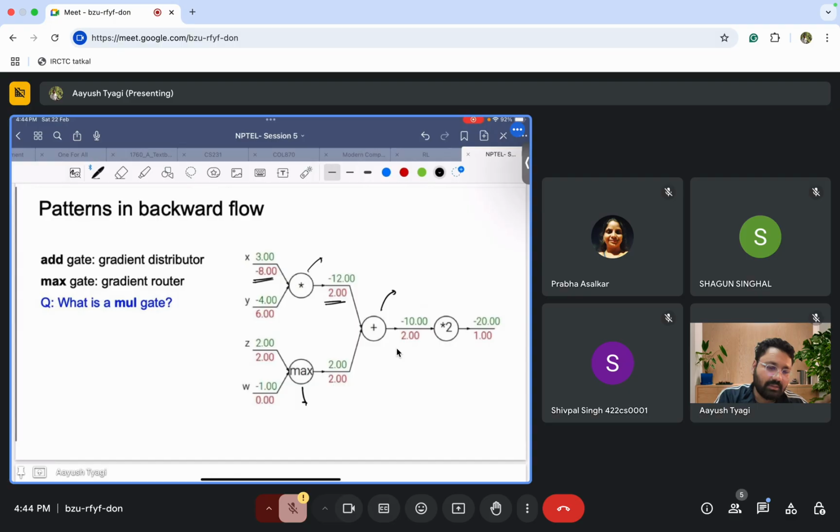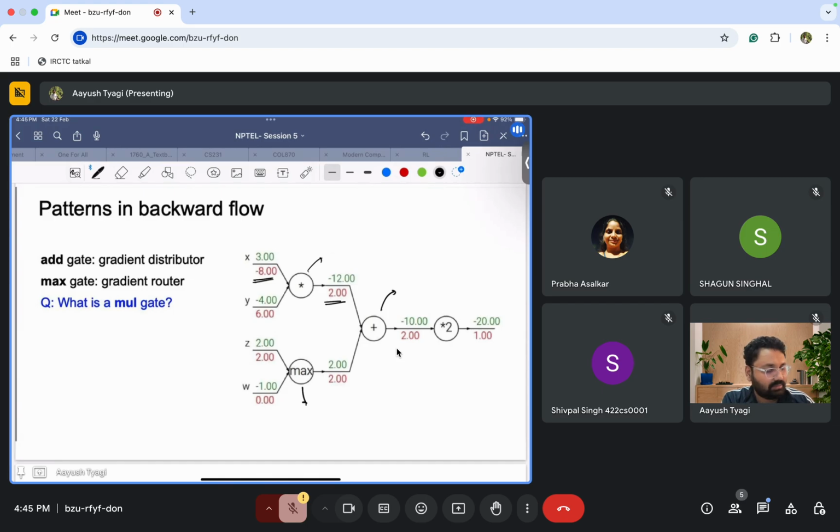At every step we compute the gradient to see how the output is changing with respect to the input, and you update your weights in the direction which minimizes your loss function. So there are two steps: one is gradient computation, and then there's the update step.